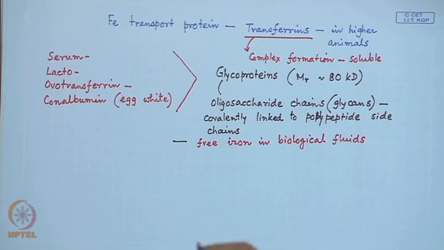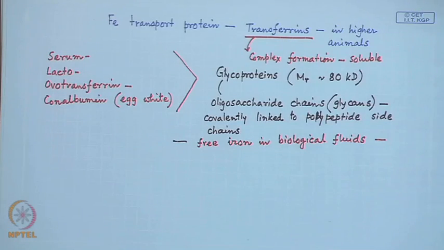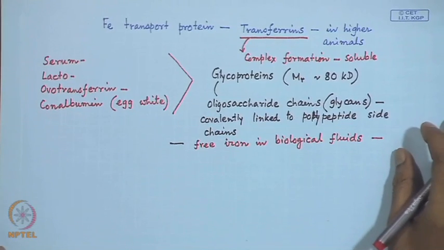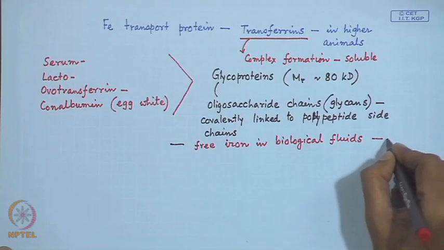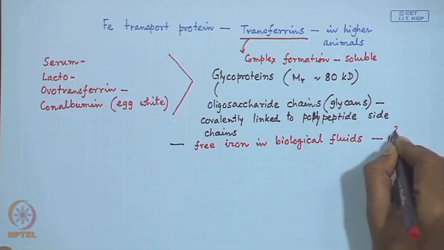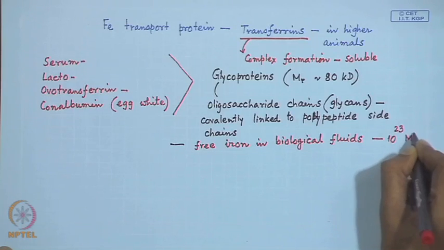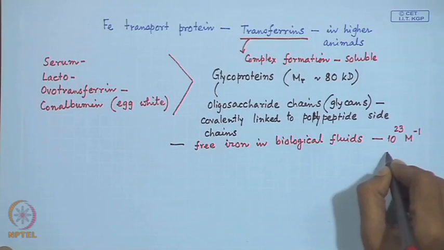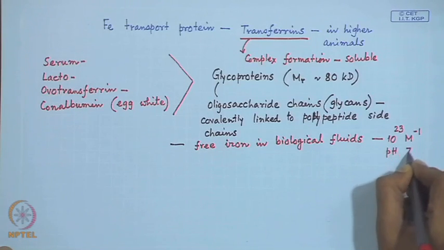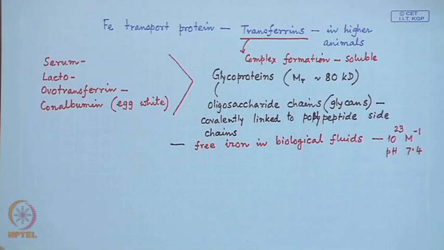So, some important groups should be available which can bind to this iron, and these transferrin molecules have very high affinity for iron binding. The formation constant for this complexation is pretty high, sometimes 10 to the power 23 mole inverse at, say, pH 7.4, which is also very important.